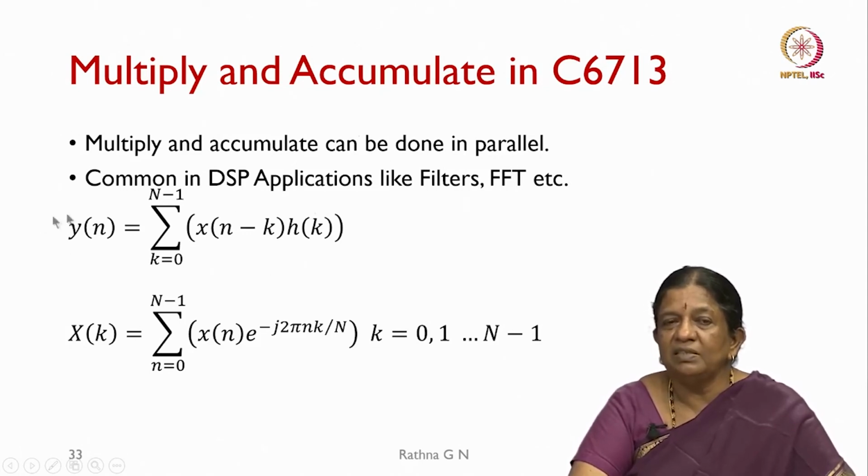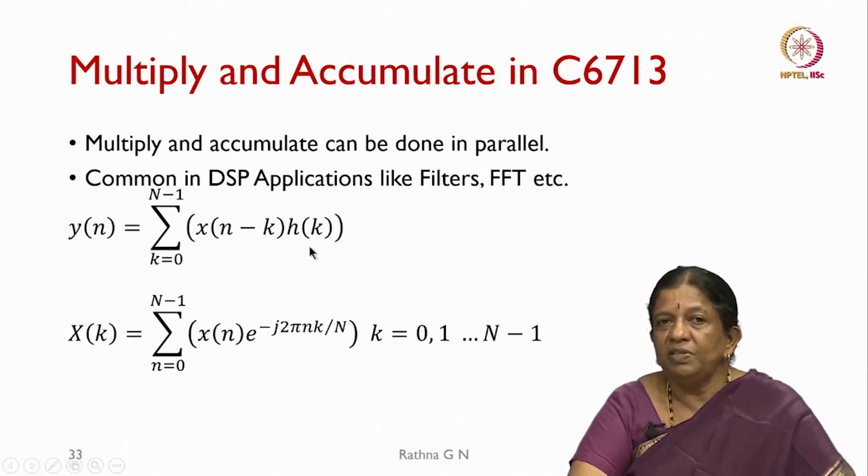So, what is the equation shown here? Here y of n is the sum of x of n minus k, that is my input, and h of k, these are my filter coefficients. You would have seen that this equation looks like your convolution equation.